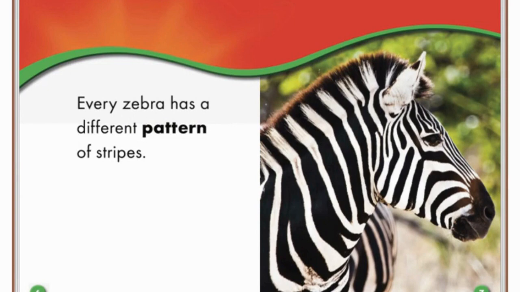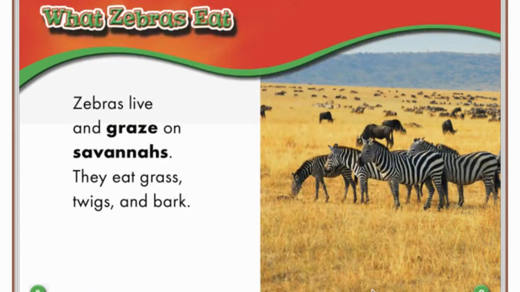What Are Zebras ended on page 7. So a new chapter must be starting on page 8. Let's take a look. Now that I am on page 8, I can tell a new chapter has begun because there is a chapter title at the top of the page. This chapter is called What Zebras Eat.